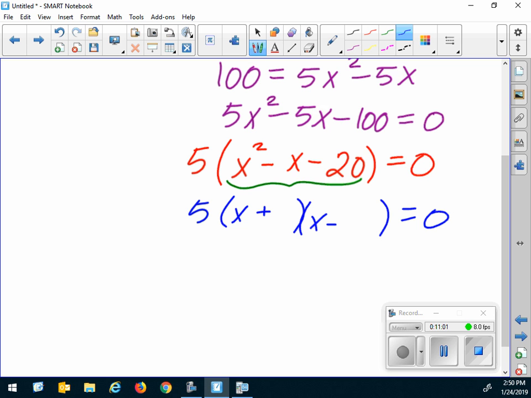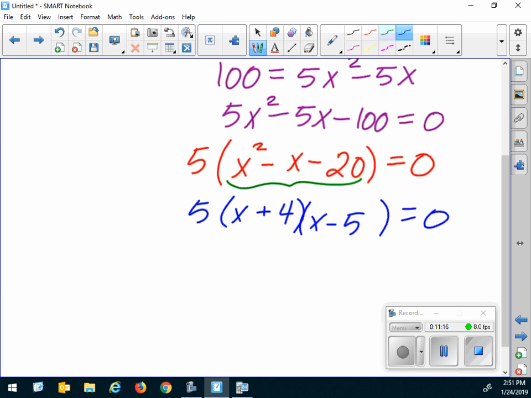Signs are different. I factored x squared minus x minus 20. Where'd the two x's go?